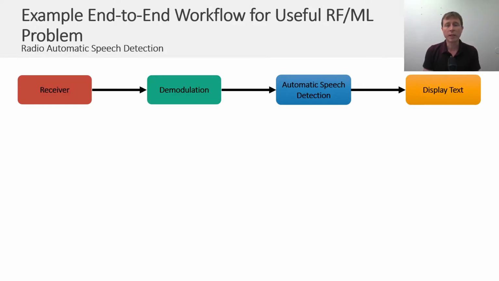So the example that we're going to be showing here is receiving FM signals, demodulating them using the CPU and GNU Radio, performing some automatic speech detection and automatic speech recognition using a combination of GPU and CPU compute, and then ultimately displaying that for the user. So think of this as kind of radio automatic speech detection.